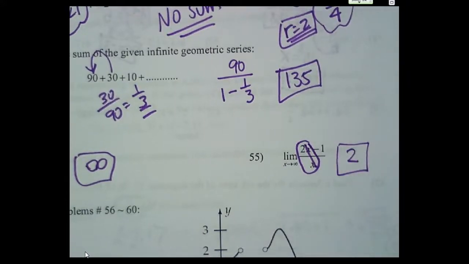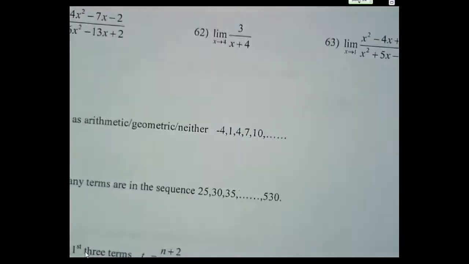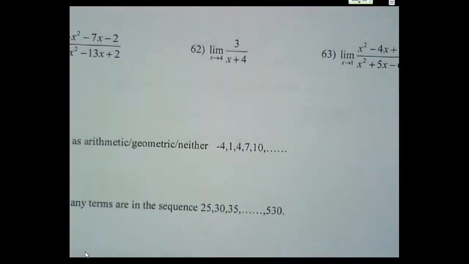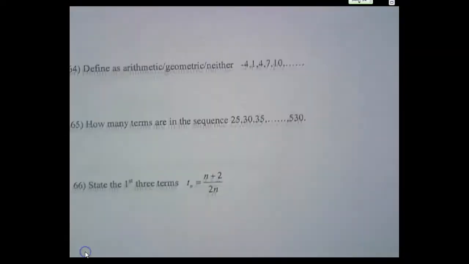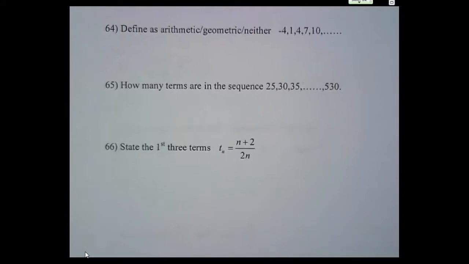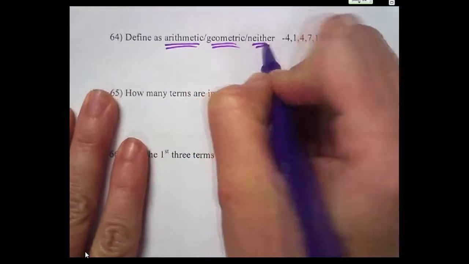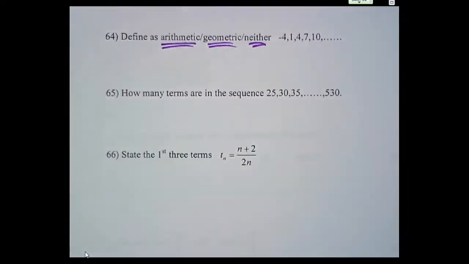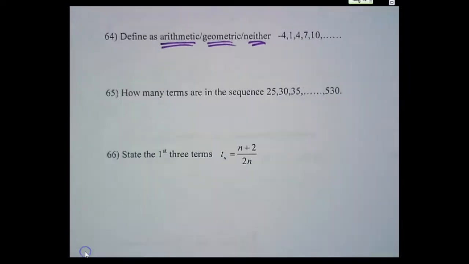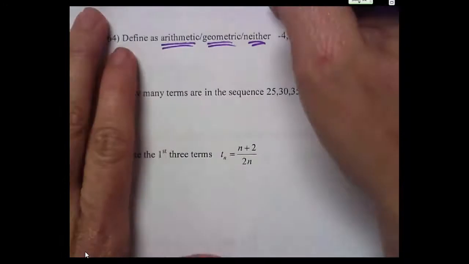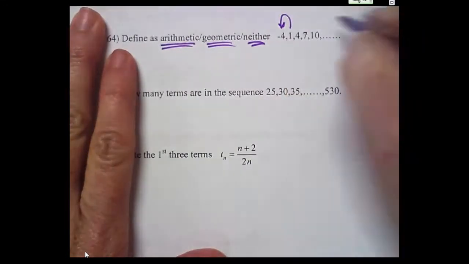Okay, now let's turn the page and go to the back. Look at 64 now. Decide if it's arithmetic, geometric, or neither. There's several on your test like this, and this is an easy one to get right. I'll give you 1 second to try it. You go this way. Okay, and then this way again.